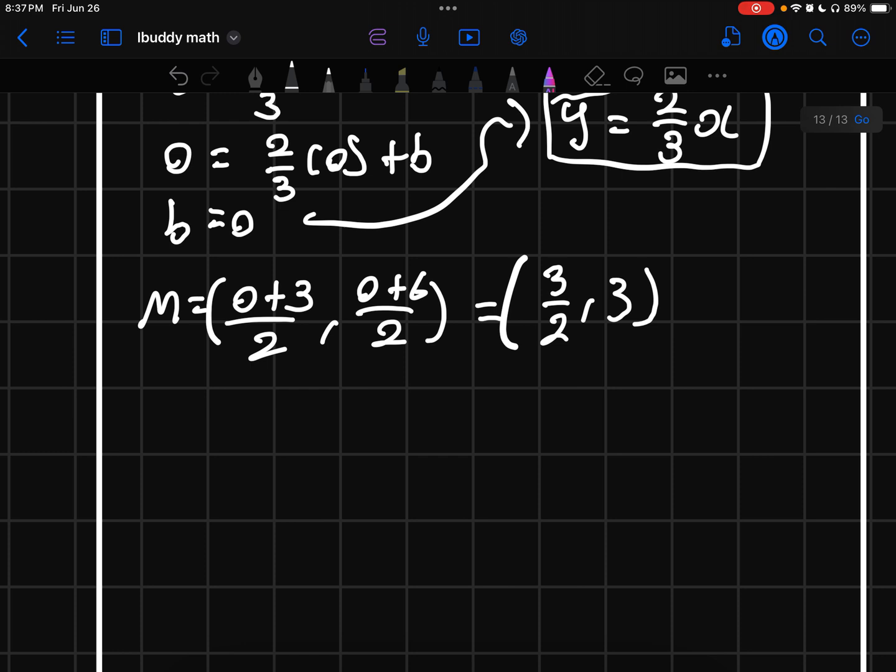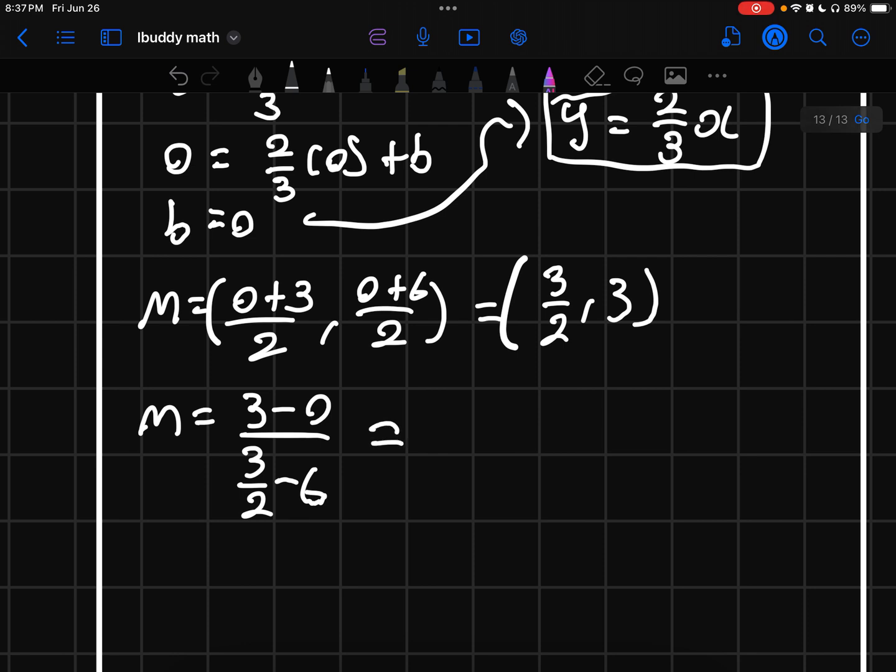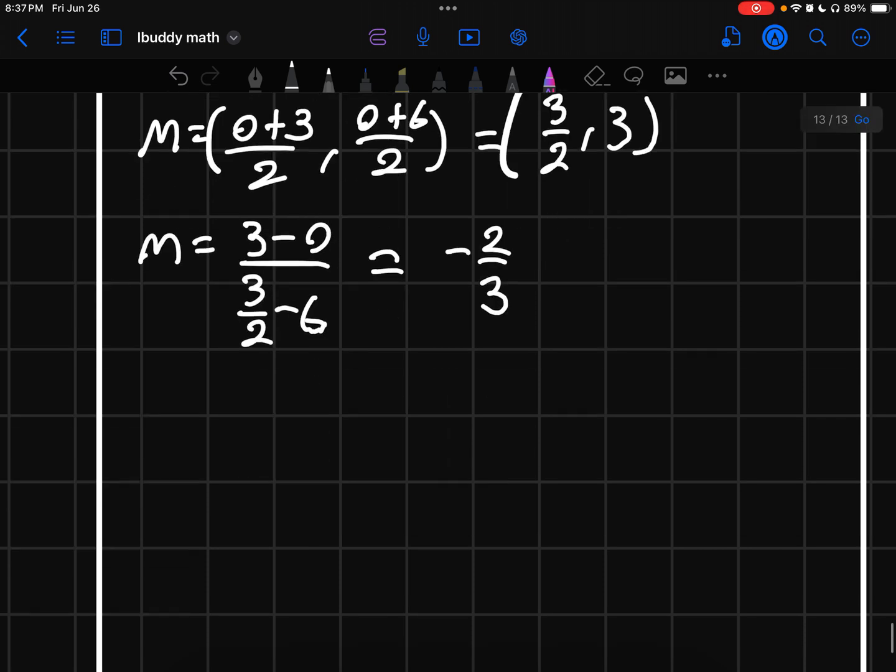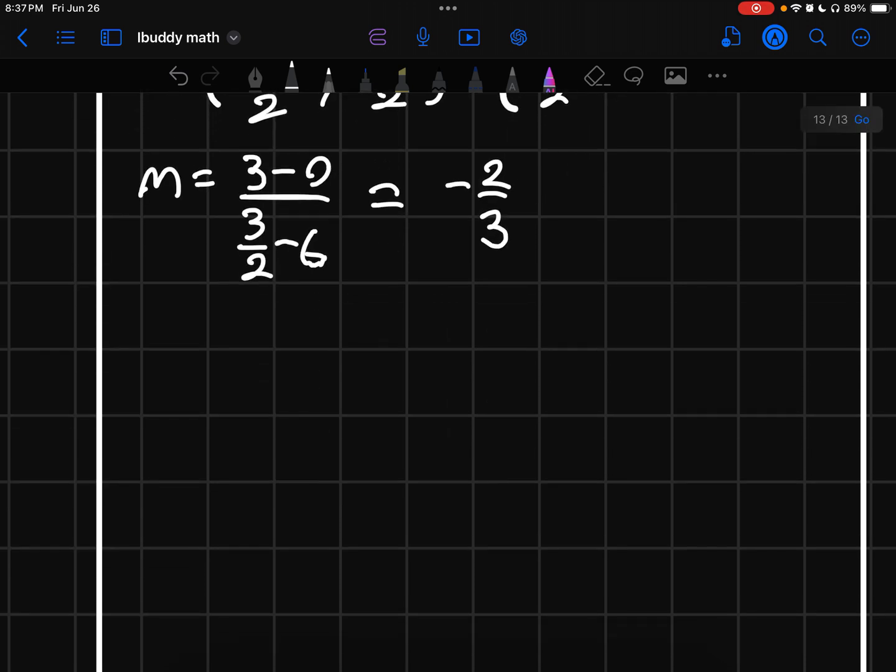So the slope from B would be 3 minus 0 over 3 over 2 minus 6, which is equal to negative 2 over 3. Then we plug this into y is equal to mx plus b. So y is equal to negative 2 over 3 x plus b.